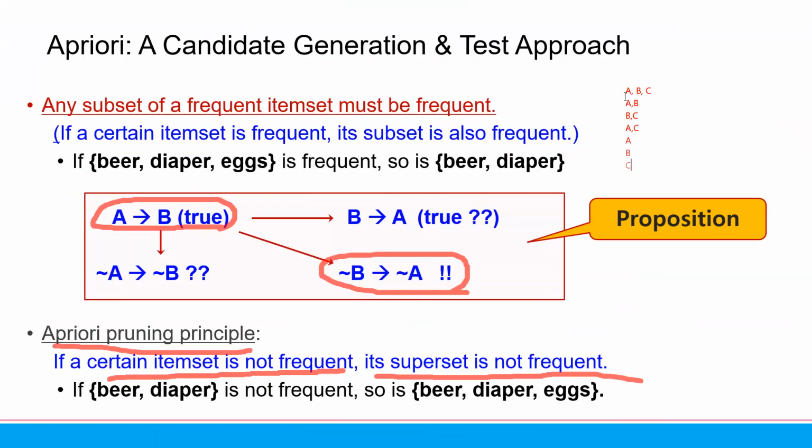But what is the opposite? The opposite is if this one is not frequent, then this one also is not frequent. That's the meaning of this proposition.